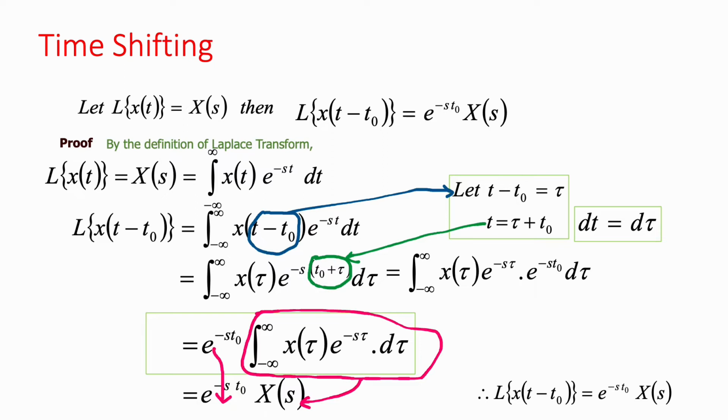Now you will get the final answer. From this, e power minus s t naught you bring out. The remaining term can be written as x of s. Okay. Now, if the input is x of t minus t naught, the response is e power minus s t naught x of s. Hence, the property is proved.